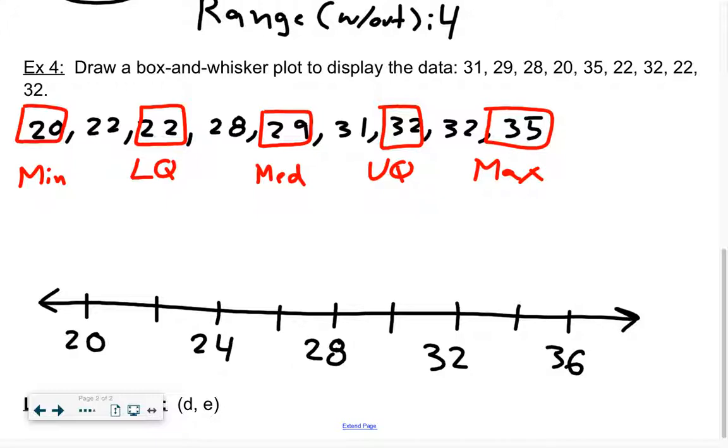I'm good with that. And now what we want to do is take our 5 points that we found and we want to go ahead and plot them right above the number line. So we have 20, 22, 29, 32, 35. The box goes in the middle.